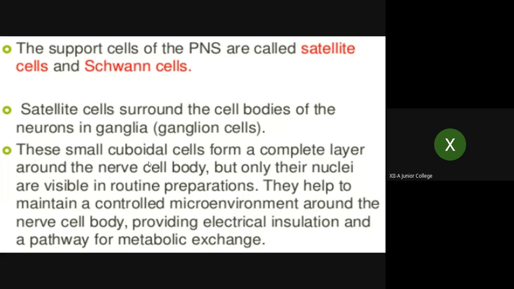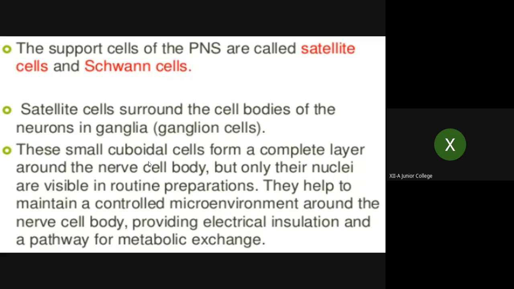There, on the dorsal side of the ganglionated region, these satellite cells are present around the cell body, covering the cell bodies to protect them. These small cuboidal cells form a complete layer around the nerve cell body, but only their nuclei are visible in routine preparations. We can see only the nuclei of these satellite cells.